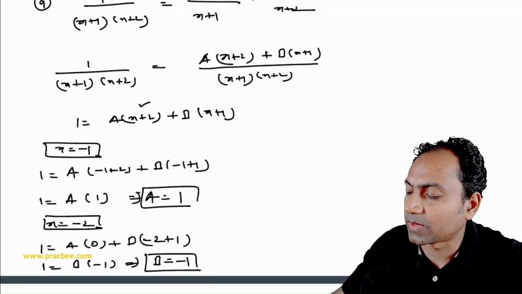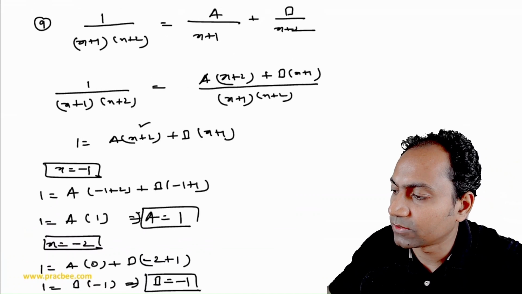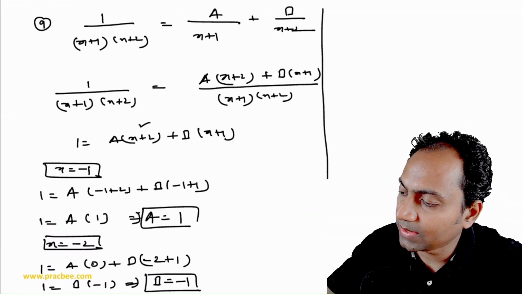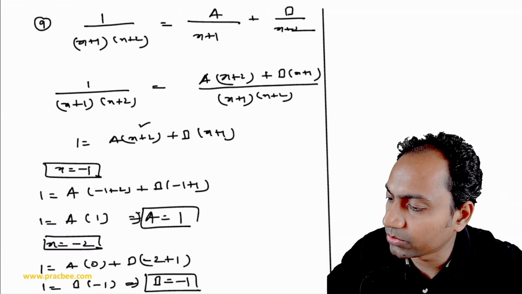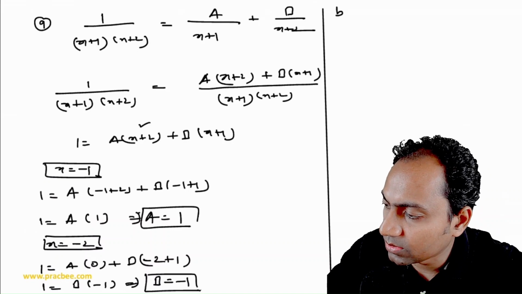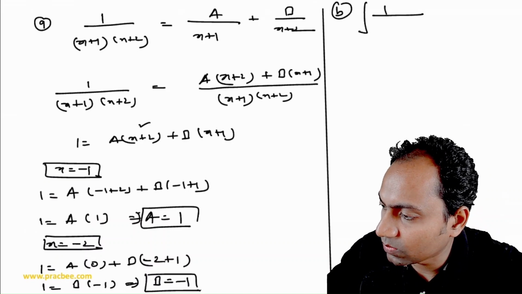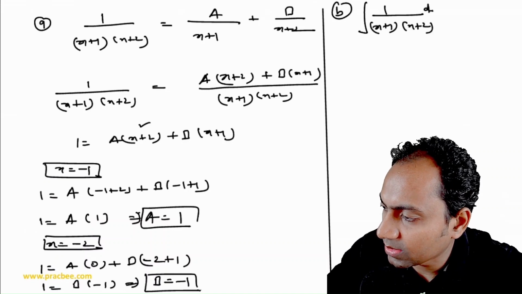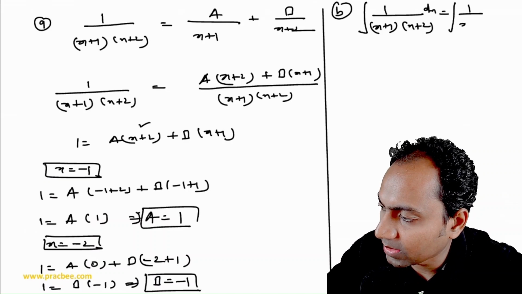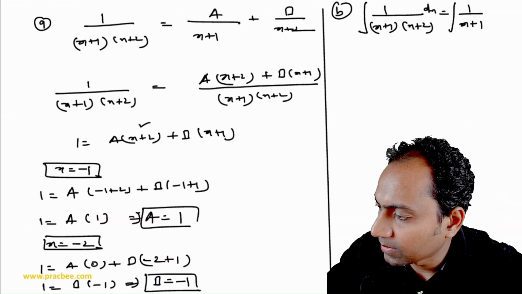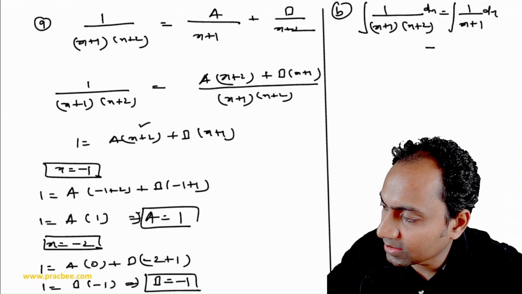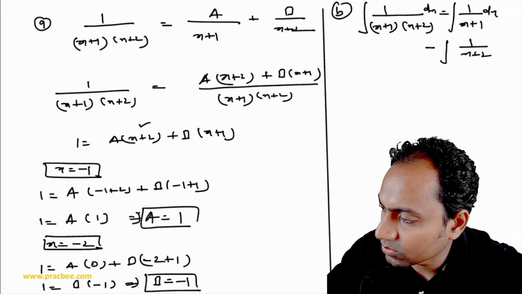This is the first part of the question. What we have done is break it down into two integrals. So 1 upon x plus 1 into x plus 2 dx can be written as the integral of a, that is 1 by x plus 1 dx, and then b, that is minus 1 upon x plus 2 dx.